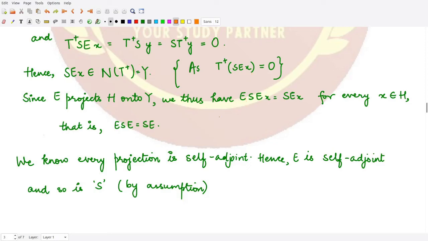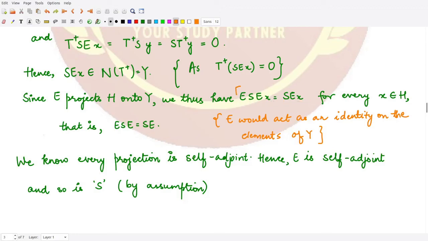Let me write it down here. So E would act as an identity on the elements of Y. We have just proved that S E x is an element of Y. So when you apply E onto this element, it would give you the same element back, right?